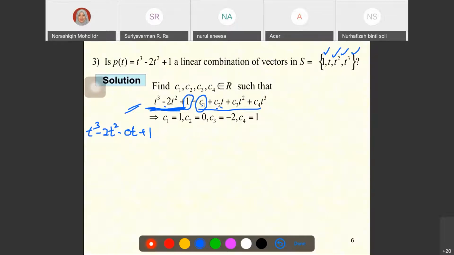Okay, now the conclusion is p(t) is a linear combination of vector S. And number 4.